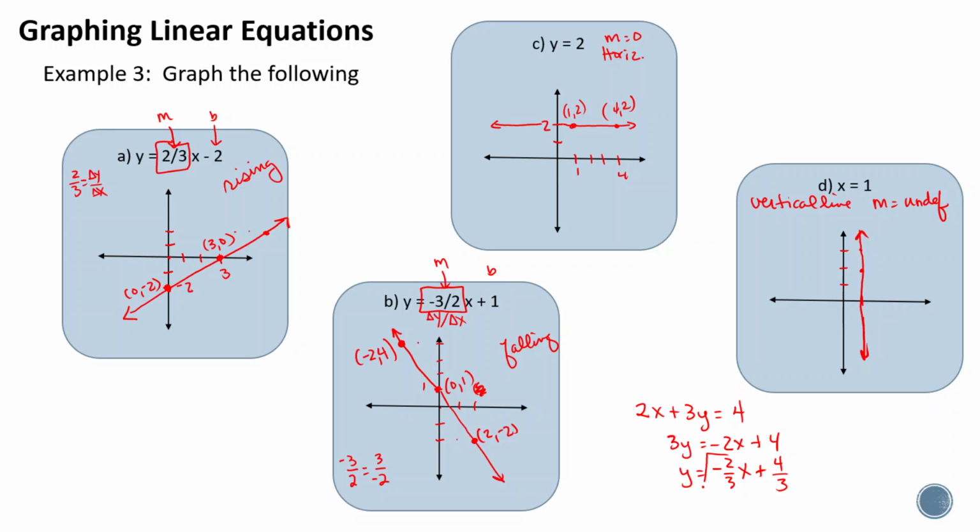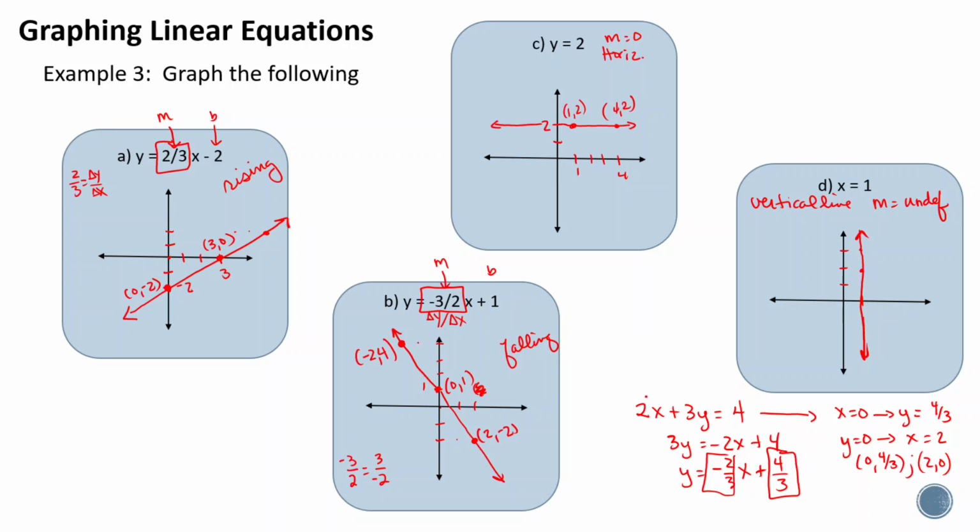And now I can see my slope and my y-intercept. The other thing you can do is just let x equal 0. That would mean y would be 4/3. And then let y equal 0. That means x would equal 2. And so now you have your intercepts that you can plot, and you can graph it that way.